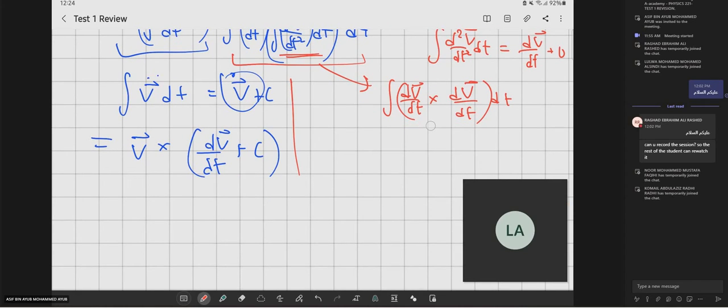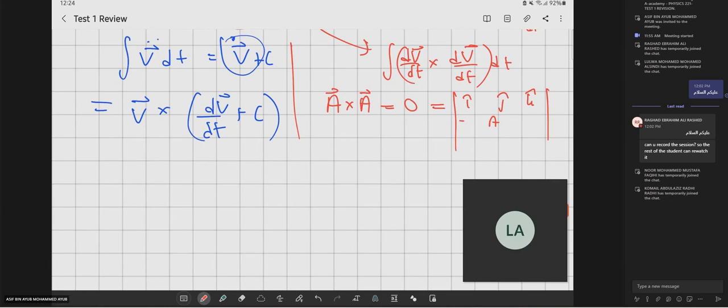If you remember, one of the properties of the cross product was that the cross product of a vector a with itself is 0. This was by the definition of the cross product. If you have i, j, k, you have the components of a in here, and again the components of a in here. One of the properties of the determinant is that if you have two rows or two columns that are multiples of each other, then the determinant is 0.